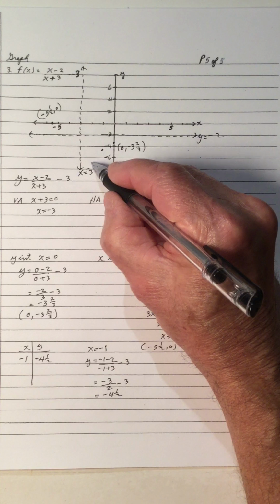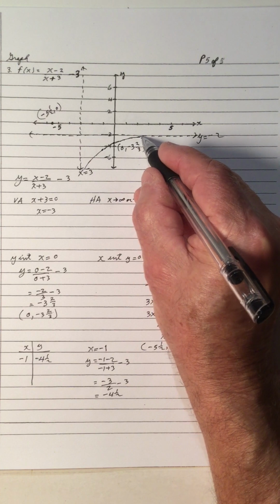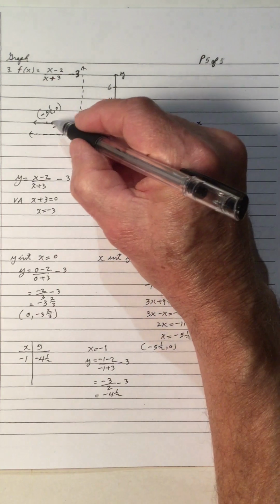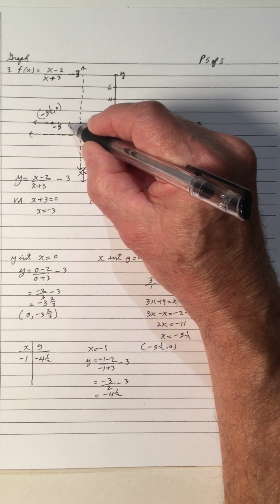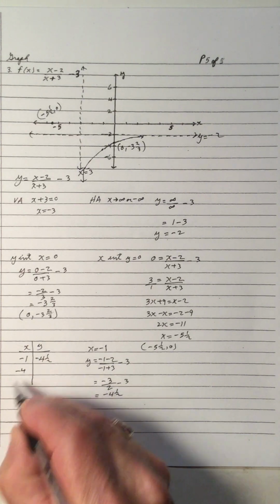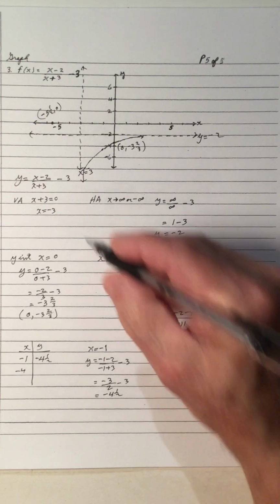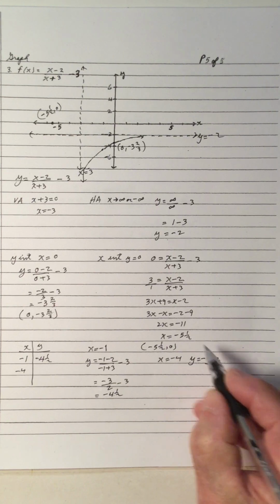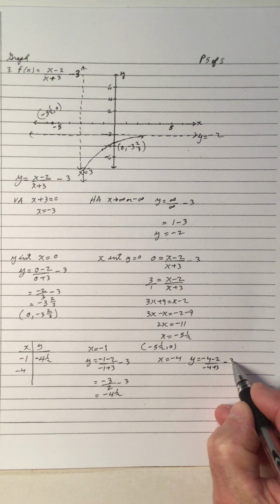Notice we have a point here and here, so that means the graph is going towards the asymptote. There it is, and it's coming down here. And this one must be over here, so let's put a negative 4 in to see where this point is going to be, up here or down here. So x equals negative 4. We put a negative 4 in place of x here: negative 4 minus 2 over negative 4 plus 3, minus 3.